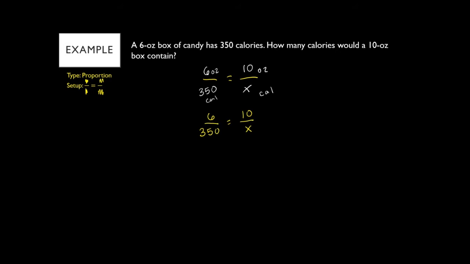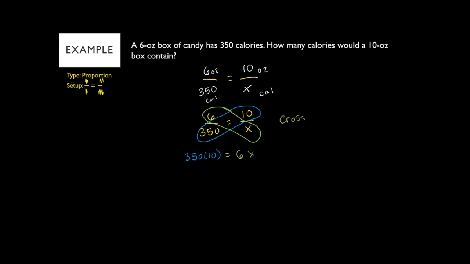When you have a proportion like this, we cross multiply. So you multiply one diagonal together, and that gives you your left side of the equation: 350 times 10. Then you multiply the next diagonal together, which gives us 6 times X, and that gives you your right side of the equation.